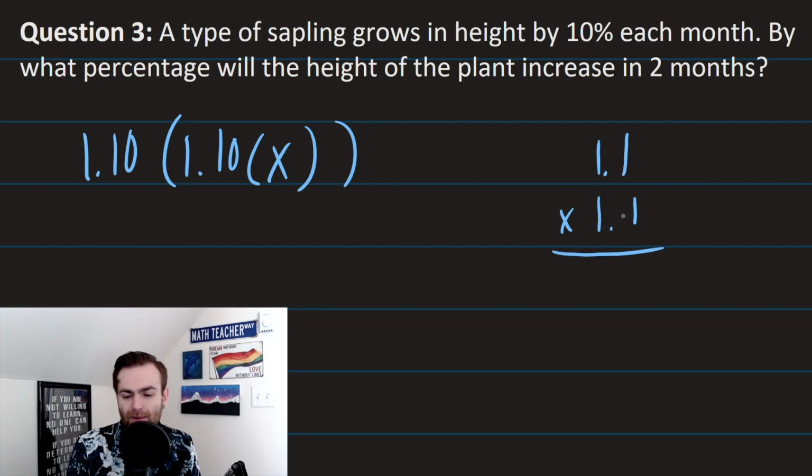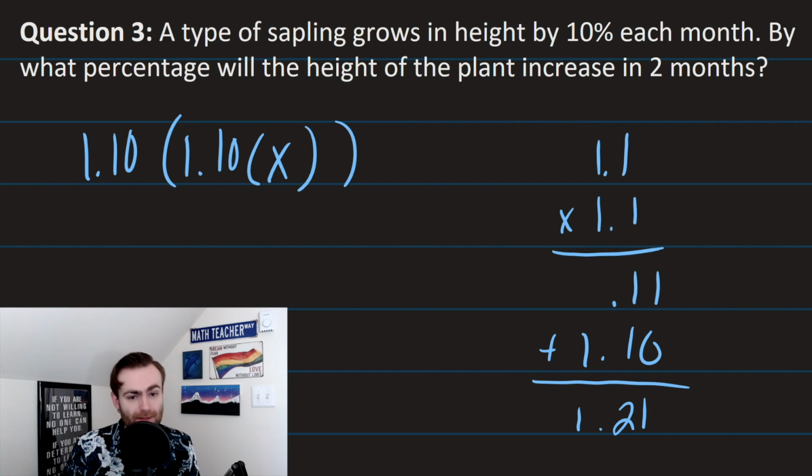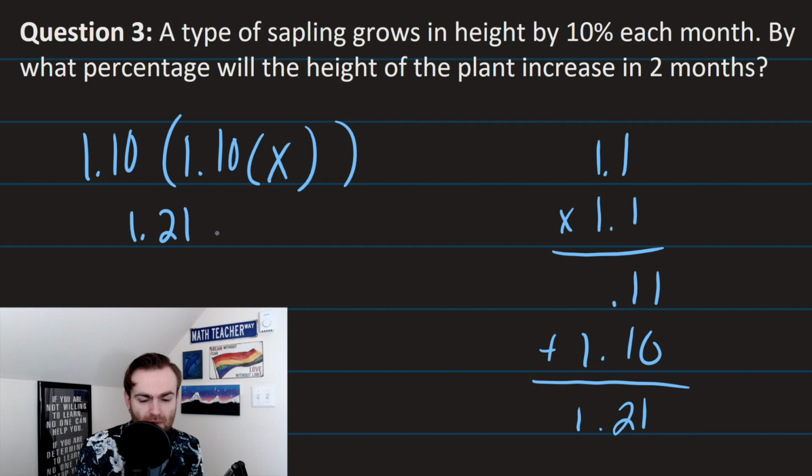So 0.10 of 1.10 would be 0.11, and then 1 times 1.10 would be 1.10. If we add these together, we get 1.21. So a little weird, but we get 1.21x, which means that it grew.